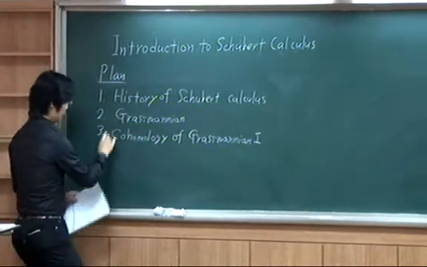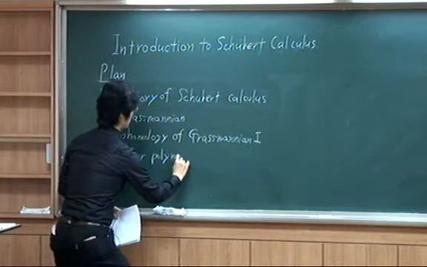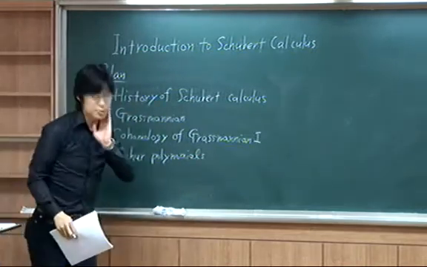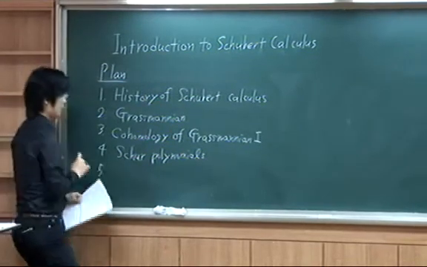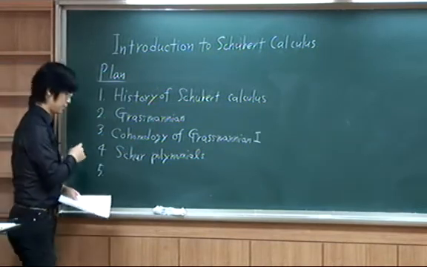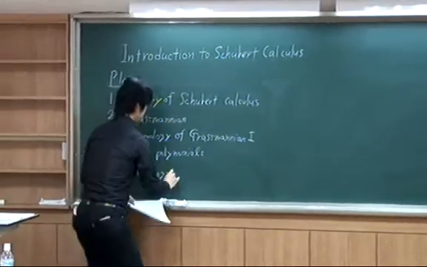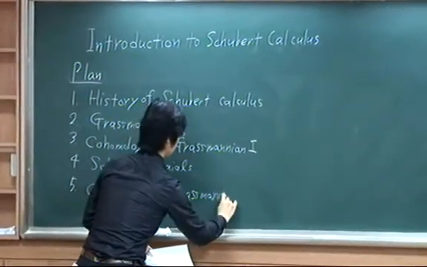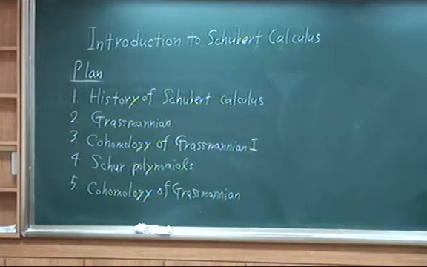In section 4, we introduce Schubert polynomials. Schubert polynomials are closely related to the cohomology of the Grassmannian. In the final section, I will give the complete description of the cohomology ring of the Grassmannian.